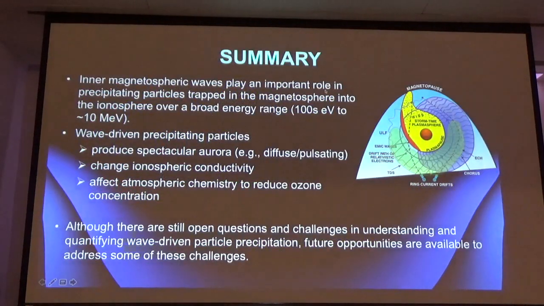So to summarize, the inner magnetosphere waves play an important role in precipitating the particles trapped in the magnetosphere into the ionosphere over a broad energy range, all the way from 100 eV up to several MeV.